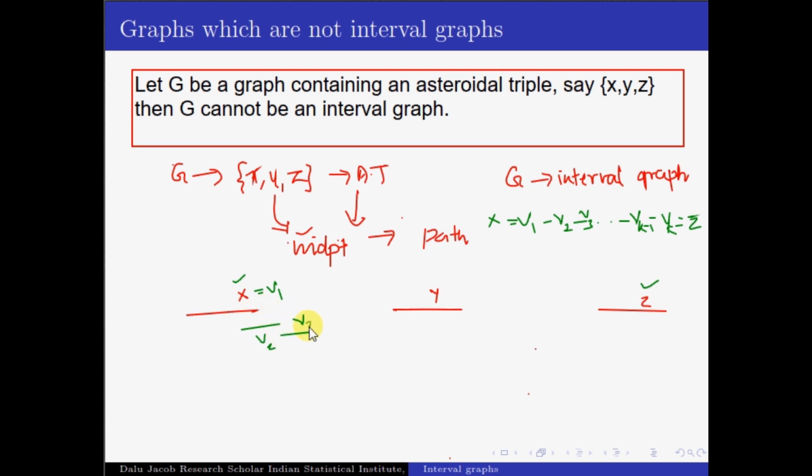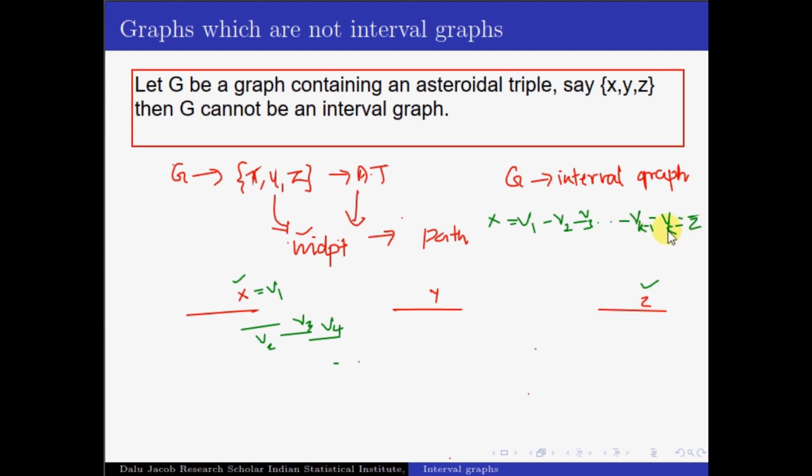And finally, in order to reach an interval vk minus 1 that is adjacent to z, if you go on like this, v2, v3, v4, etc., at some point you have to cross this particular section in order to reach the interval corresponding to z.